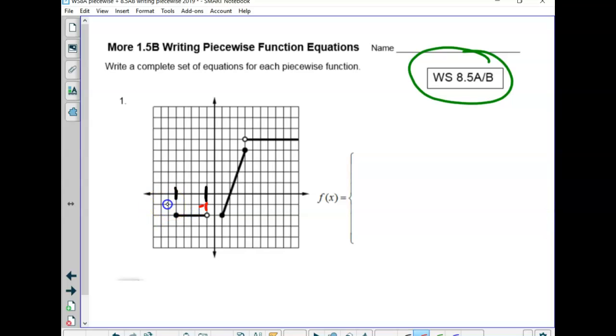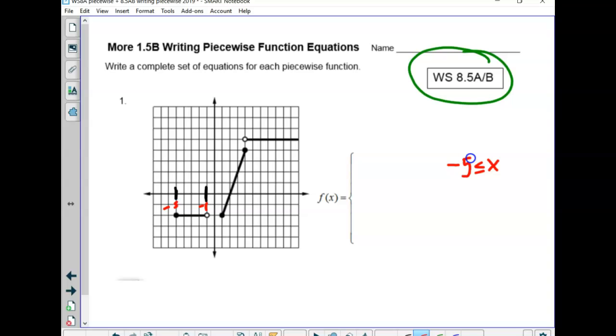From -5 to -1. How do we write that? If x is greater than or equal to -5.